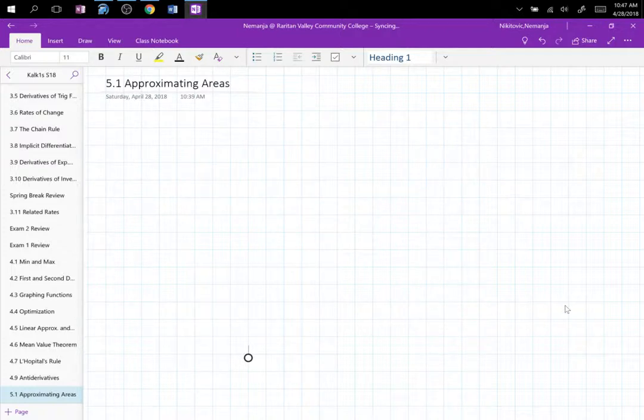We are first going to take a look at how to approximate area under a curve, and then we are going to move back to exact areas. So we start with exact shapes that you already know, then we move to approximation, and then in 5.2 we move back to exact, and then we start talking integration.